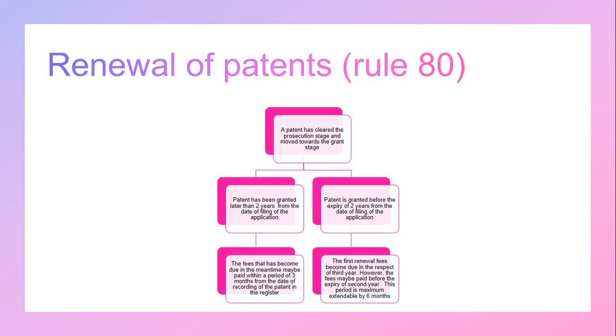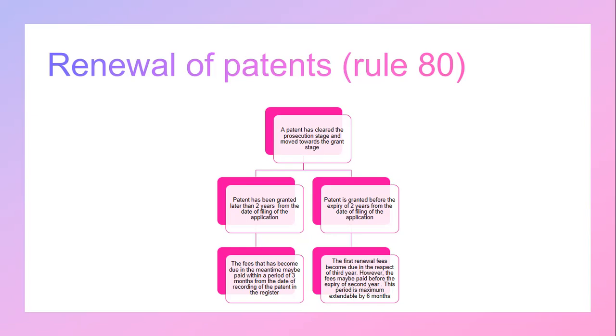So if that is the case, the fee that has become due in the meantime may be paid within a period of 3 months from the date of recording of the patent in the register, right? So whatever fees have become due, you will pay within 3 months from the date of recording of the patent in the register.